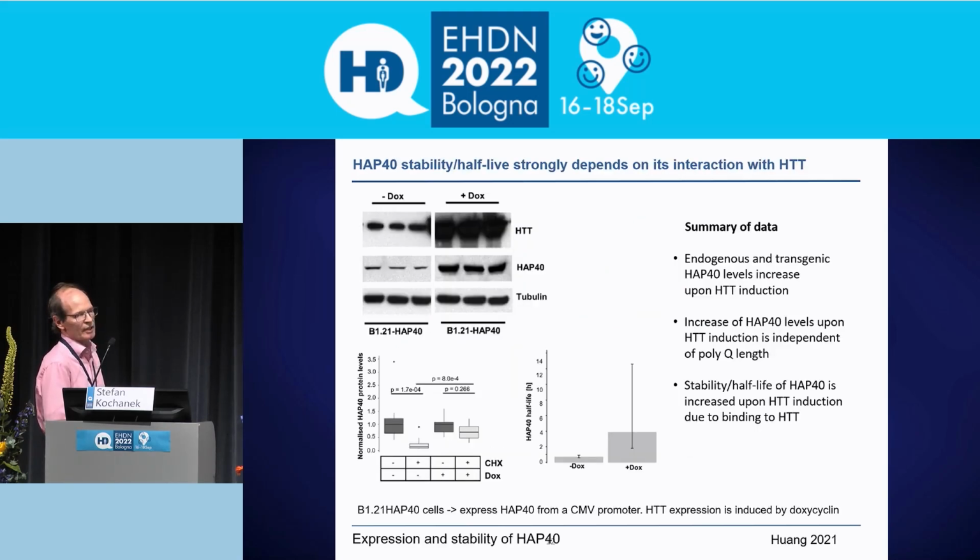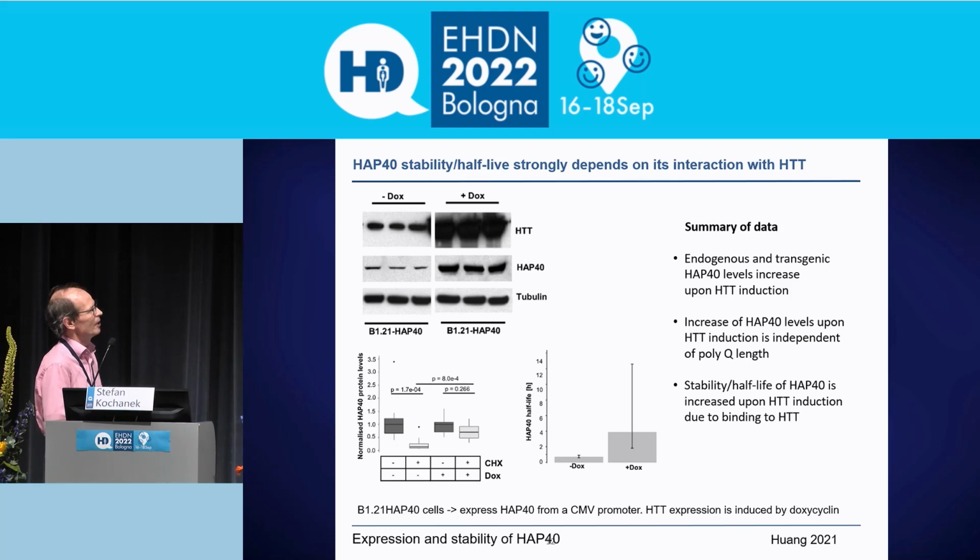So what about the stability and expression of HAP40? This was also an eye-opener experiment when we made stable cell lines which allowed inducible expression of Huntingtin. If we induce expression of Huntingtin, the levels of HAP40 strongly increase.